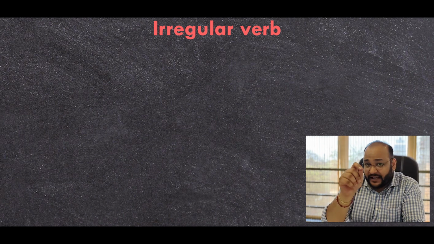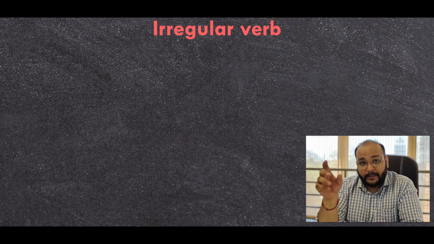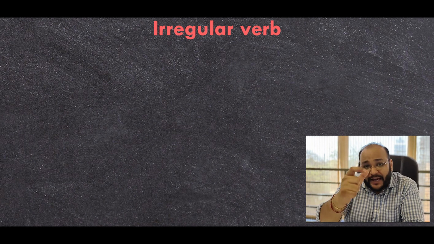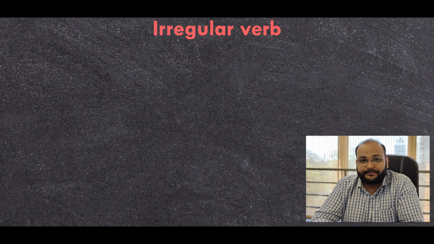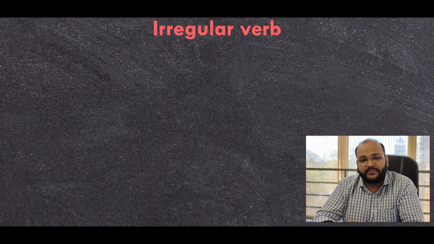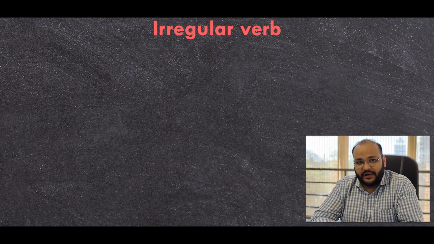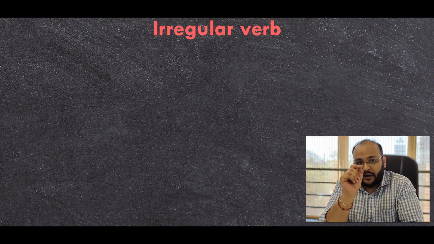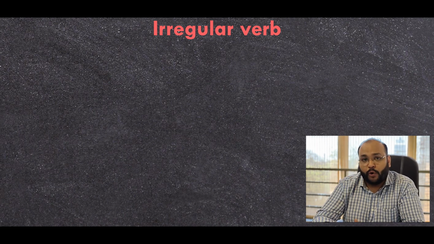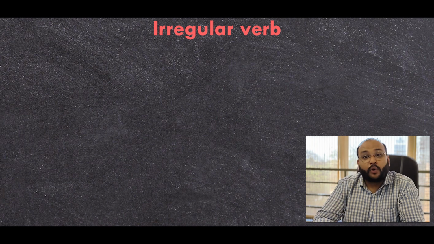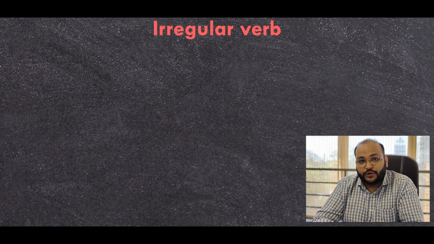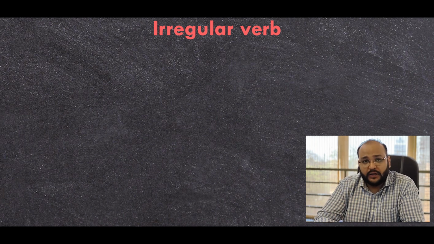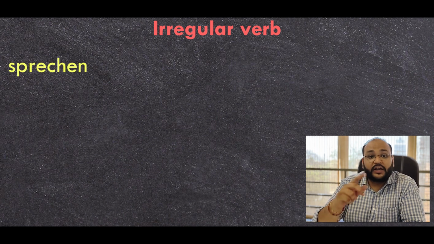We don't replace en by t, but we change the vowel in the stem. Sometimes we change the vowel, so let's say e converts to o.